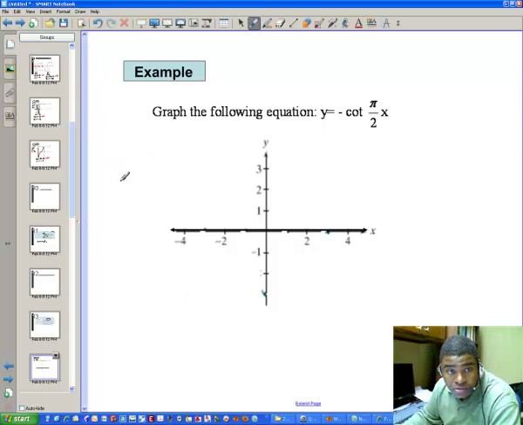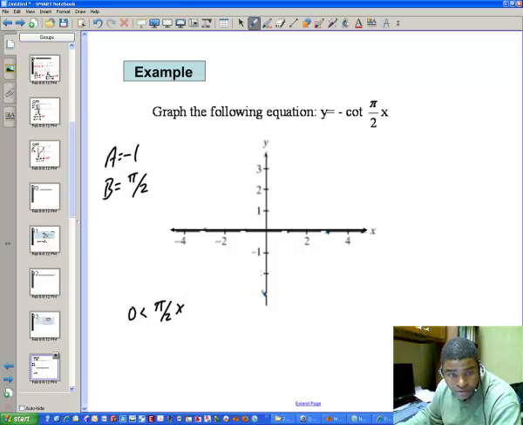We have y is equal to negative cotangent of pi over 2 x, so our A value is 1, our B value is pi over 2, and there is no C value. So again, we plug this into 0 is less than bx minus c is less than pi, so it's going to be 0 is less than pi over 2 x is less than pi.